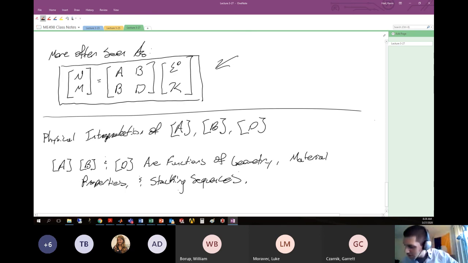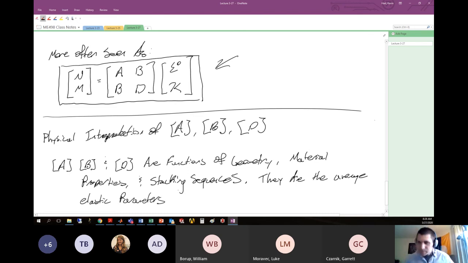So I've written this in the notes, but let me explain what I mean when I say that they are the average elastic parameters of the multidirectional laminate.